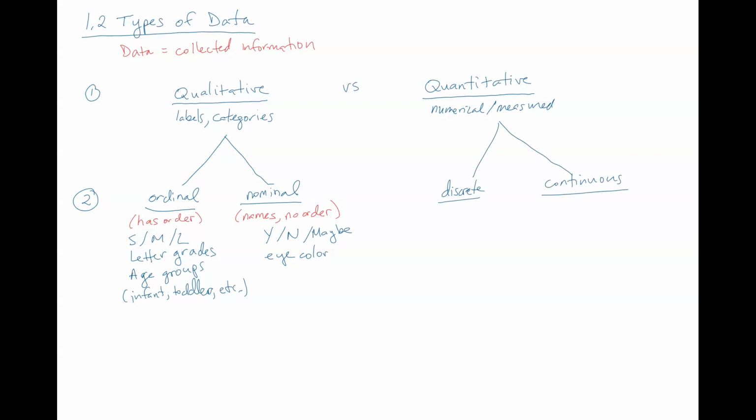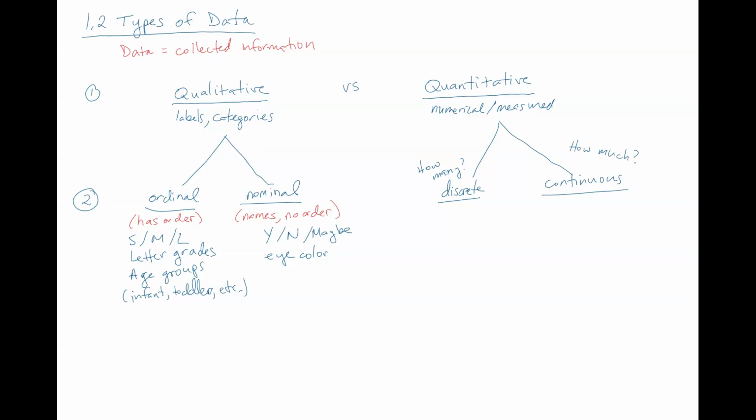Now for quantitative or numerical data, we can break that into discrete and continuous data. A quick way to keep those straight is discrete typically answers the question, how many? Where continuous data can often answer the question, how much? Think about that a little bit.